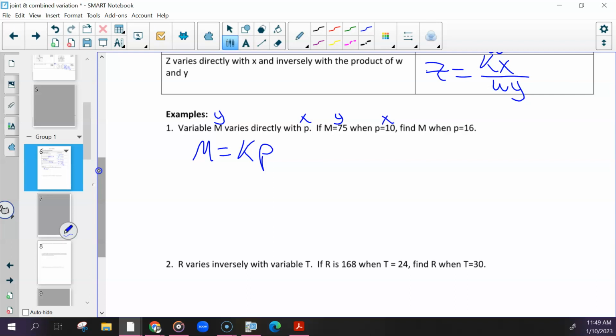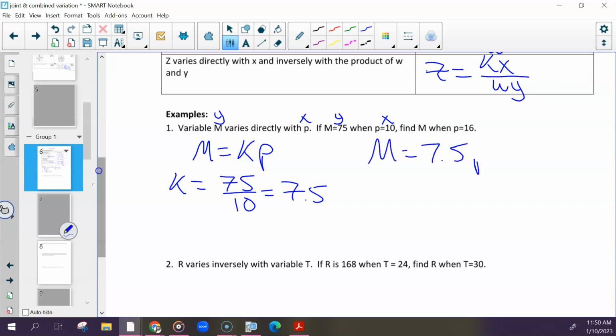So to find your k, we would still do the same thing. Divide 75 and 10. And then after you find your k, put that back in your equation. So m equals 7.5 p.